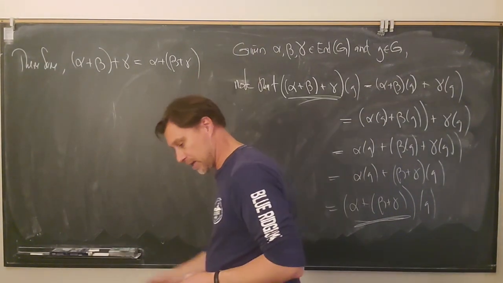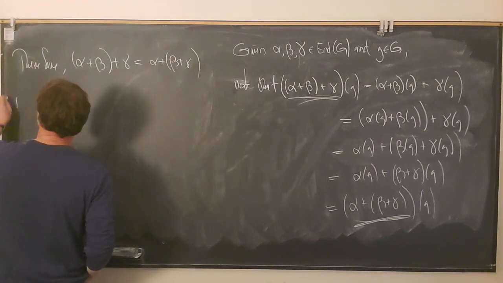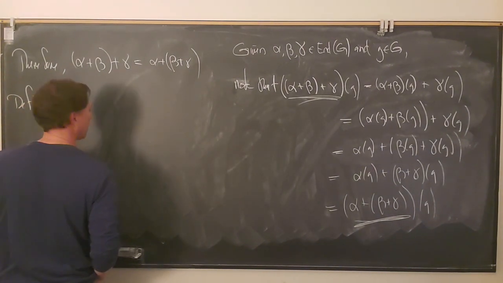Okay, now we need an identity. So, all right, we've shown associativity. Now we need an identity.